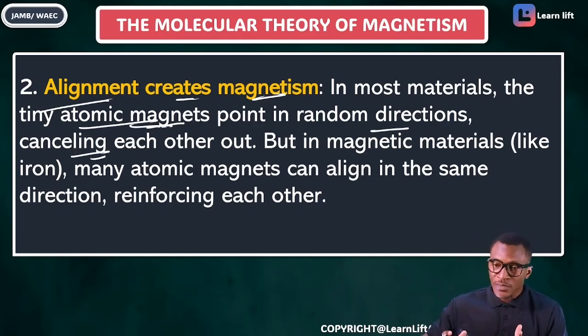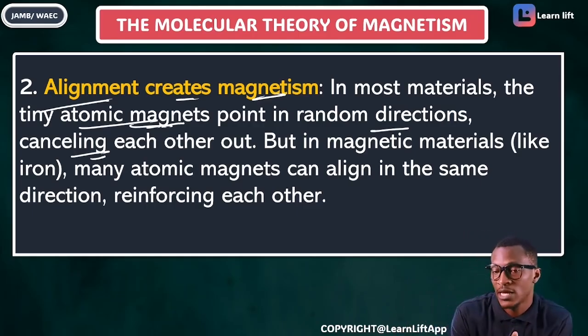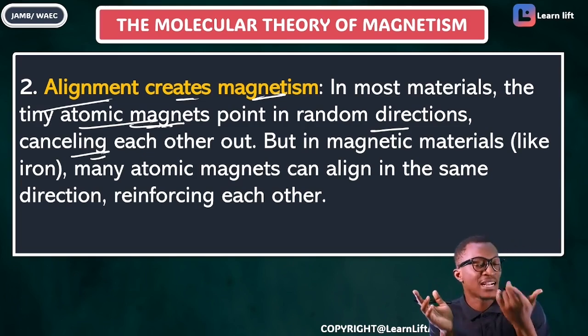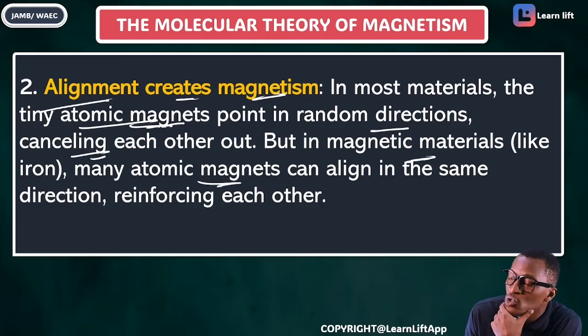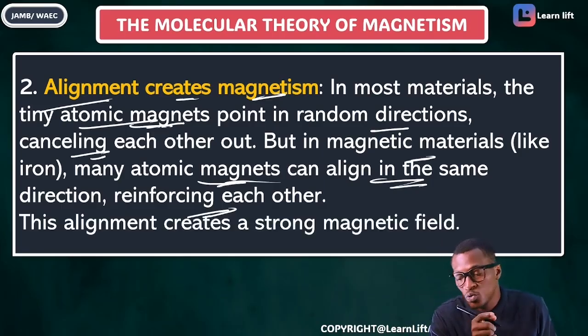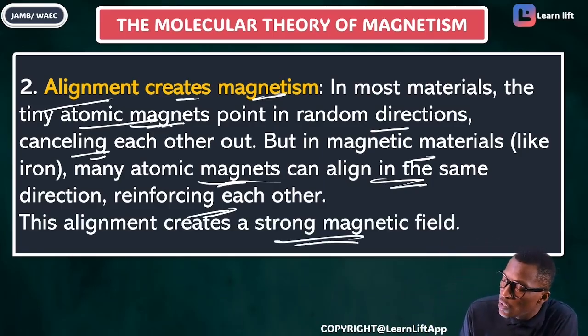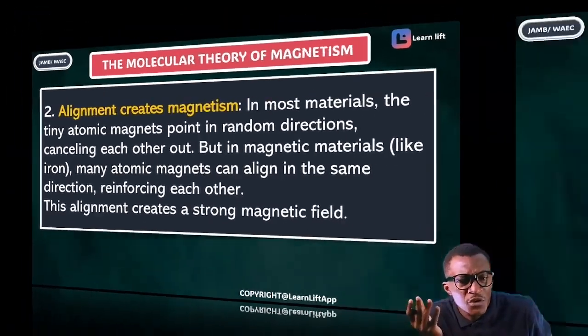That means the electrons and the positive charge are pointing in different directions, so they cancel each other. Such materials are non-magnetic. But in magnetic materials like iron, the atomic structures align in the same direction, reinforcing each other. This alignment is what causes magnetism. I'm going to show you. This alignment creates a strong magnetic field. Now, for you to understand this, let me give you a mental picture.